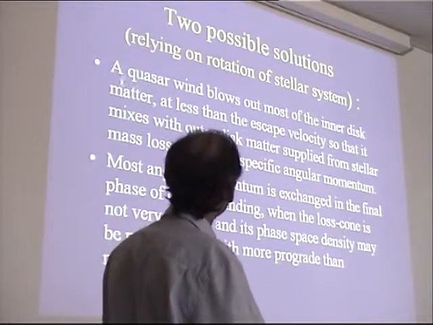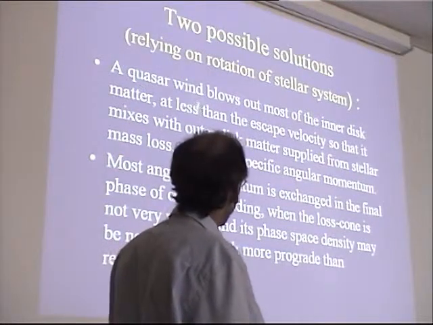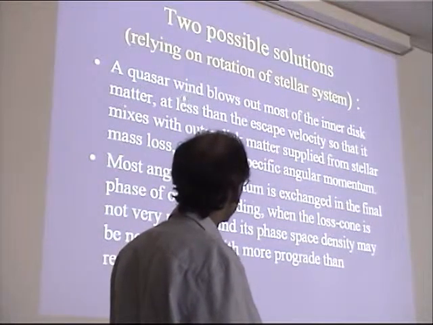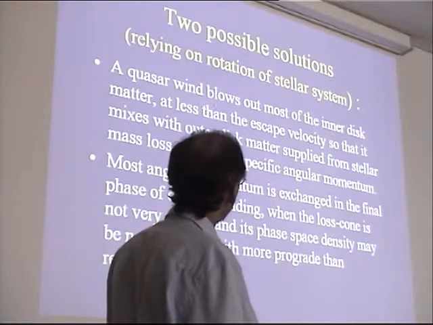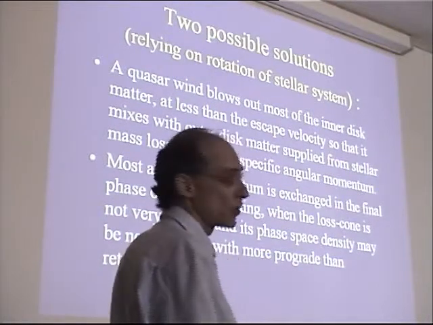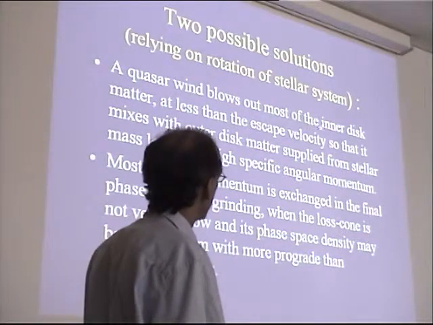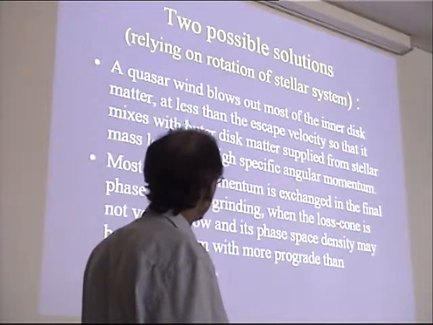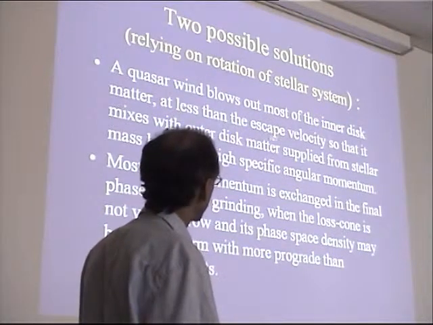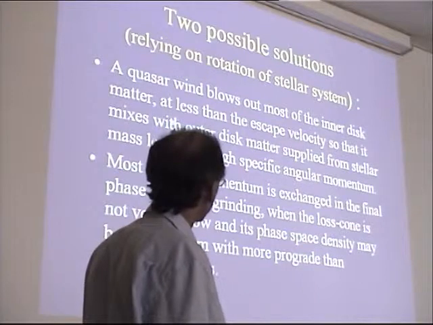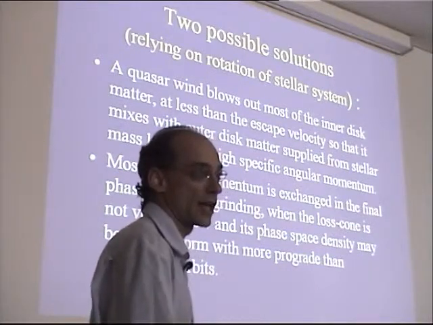One possible solution is that you have a quasar wind, and as the material flows in this disk to the black hole, when the luminosity gets close to the Eddington value, it blows out most of the material in the inner disk. It blows most of the inner disk matter, but at less than the escape velocity, so that this material will fall back into the disk at larger radius.